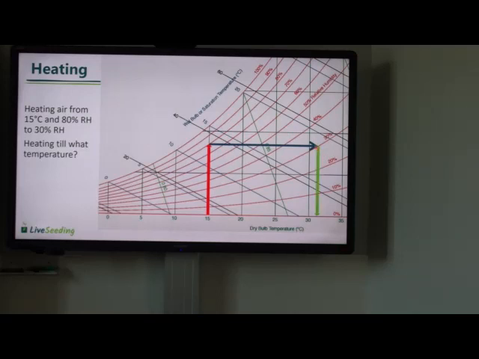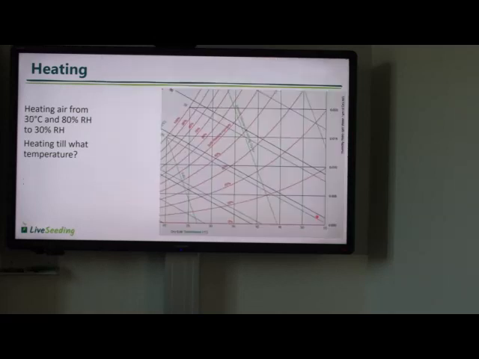What is then the temperature? We need to heat from 15 to around 30 degrees Celsius. So that is how you read this. It's not very difficult. You just have to go from one line to the other line and see how it works.